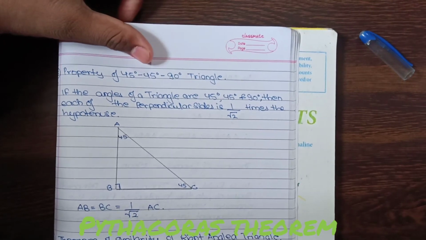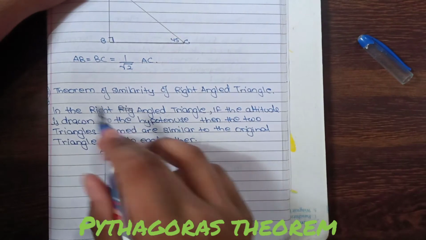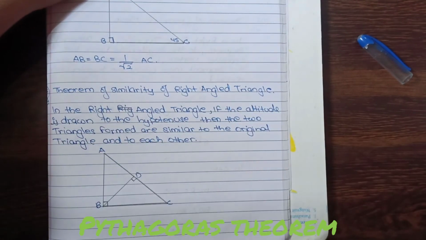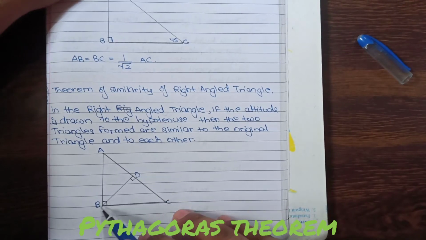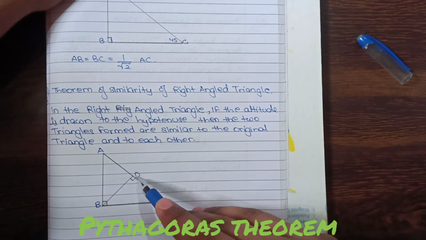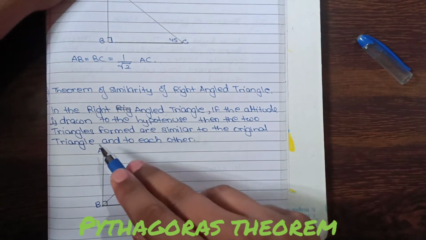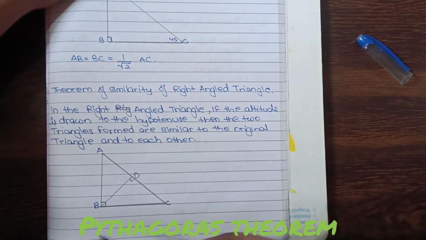Now we are going to learn the theorem of similarity of right angle triangles. The theorem says that in a right angle triangle, if the altitude, this line BD is known as the altitude, is drawn to the hypotenuse, then two triangles are formed. The two triangles formed are similar to the original triangle and to each other.